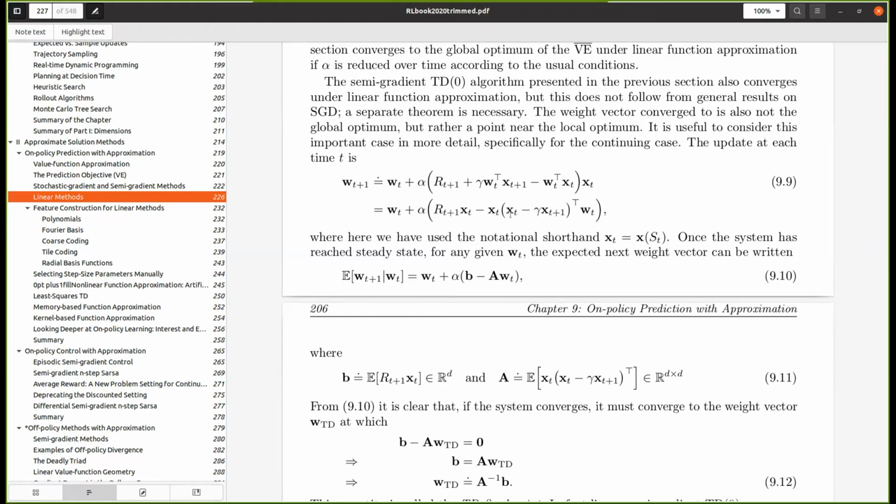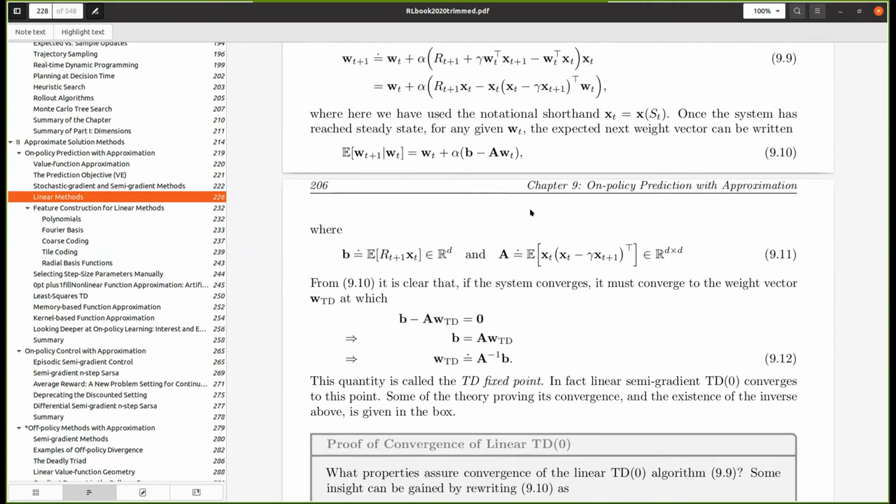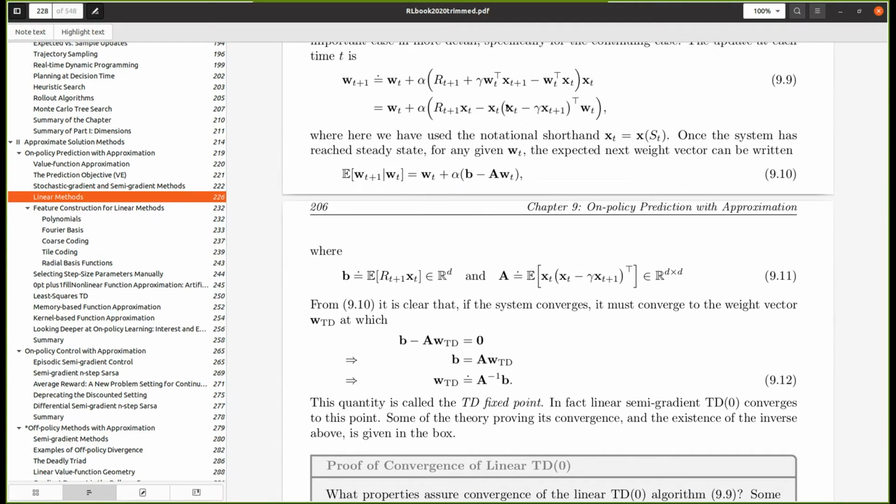And here we have a matrix multiplied by our weight vector, and this matrix is the outer product of the two vectors x sub t and x sub t minus gamma x sub t plus 1, transposed.